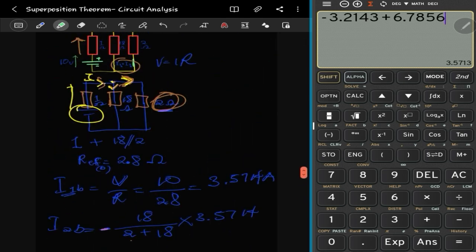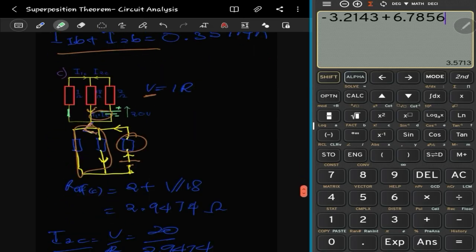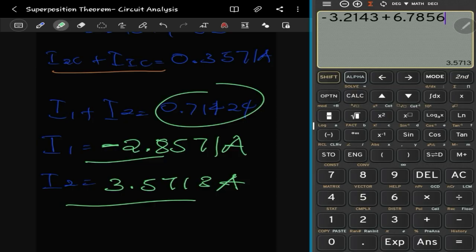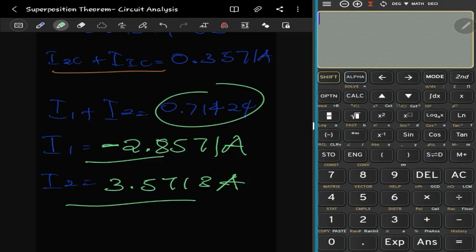But our main aim was to find these two, and even when we add this I1 and I2 directly, you see that it actually gives us what we have right here. So let's see, 0.5713 plus, which is a minus, so minus 2.8571.